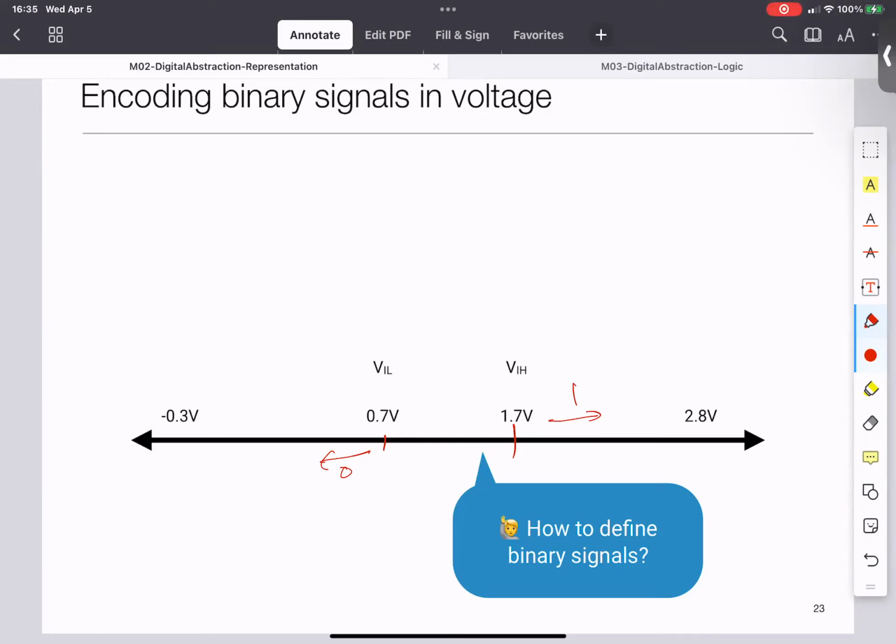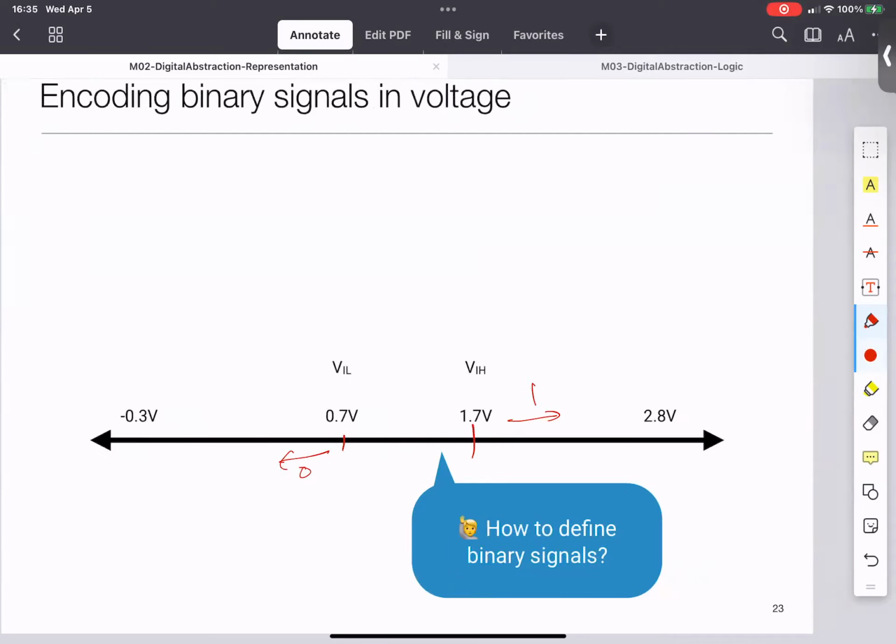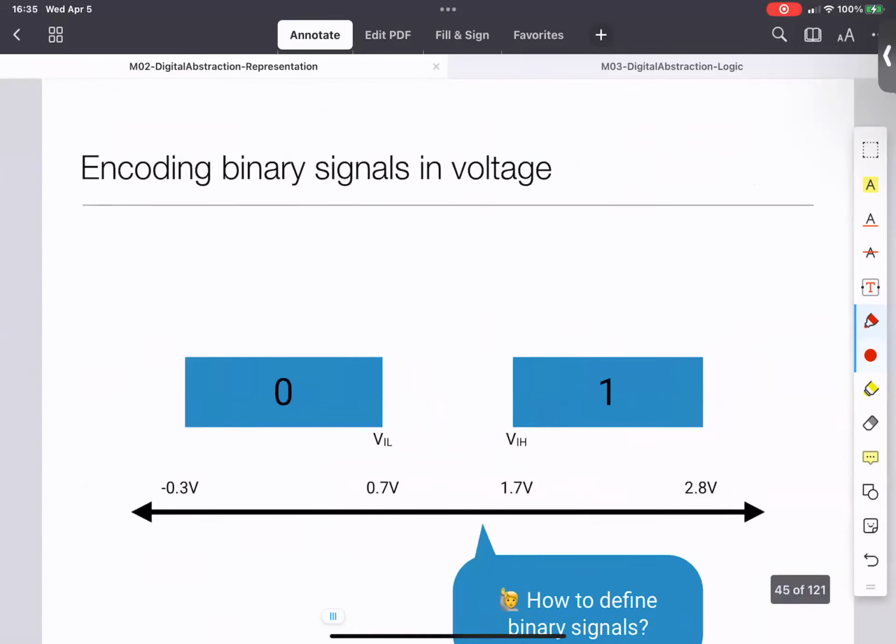VIL basically says that this is the maximum voltage I will receive for it to be considered a valid 0. And VIH is basically saying it's the lowest voltage I will receive and still treat it as a valid 1. So that's how we are defining it.